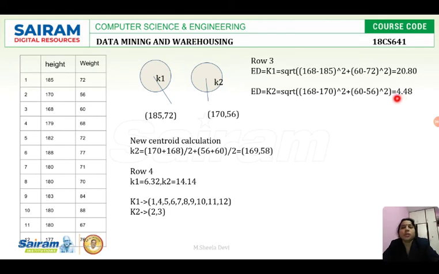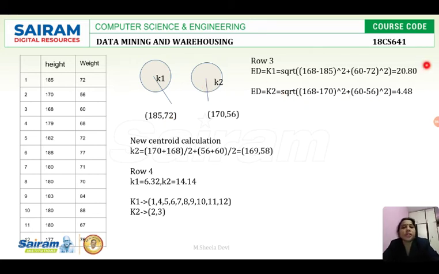Now where can we place this third point or third object, in cluster 1 or cluster 2? How can we find? Whichever cluster is having the lesser distance, the third object will be placed in that cluster.